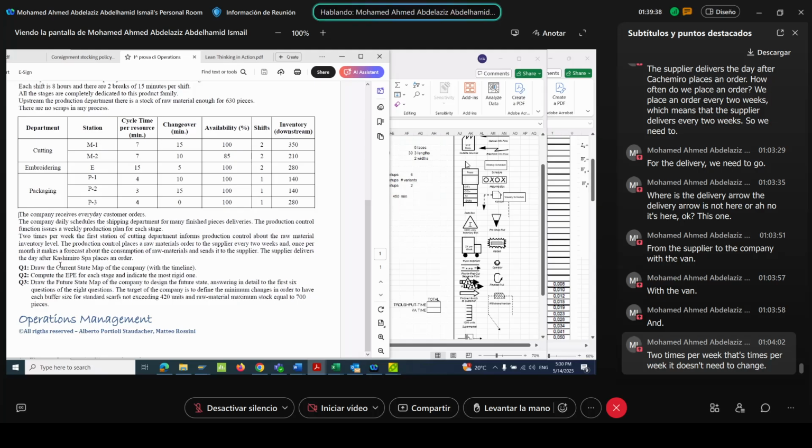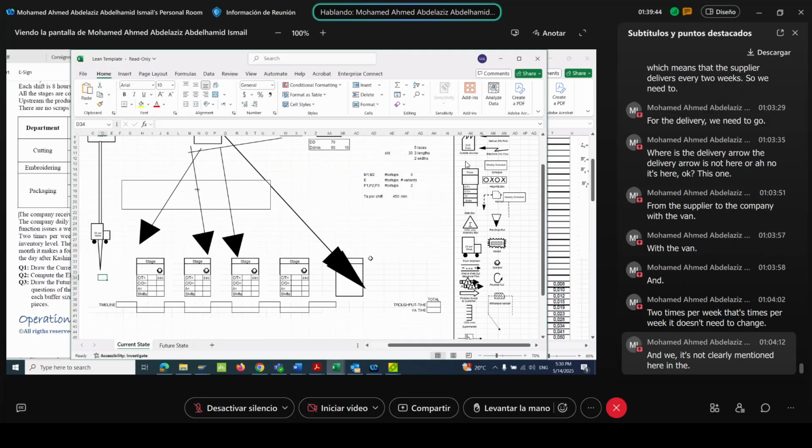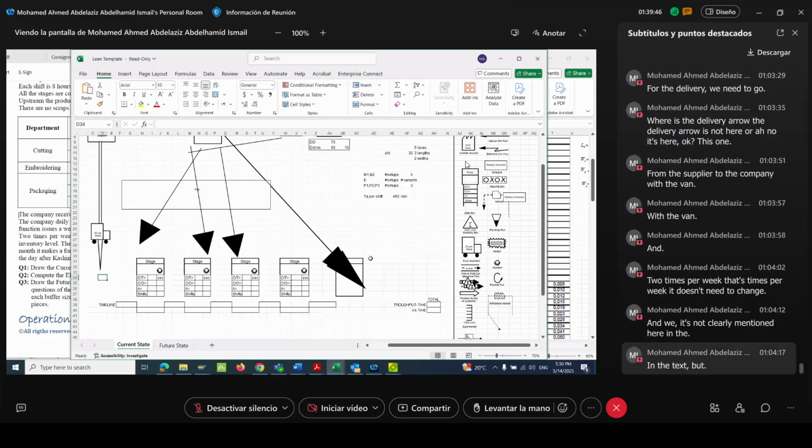And it's not clearly mentioned here in the text, but we can assume that we also deliver to our customers on a daily basis, since we have daily demand for standard products and they request all products immediately. So we can expect that we have daily deliveries to our customers.